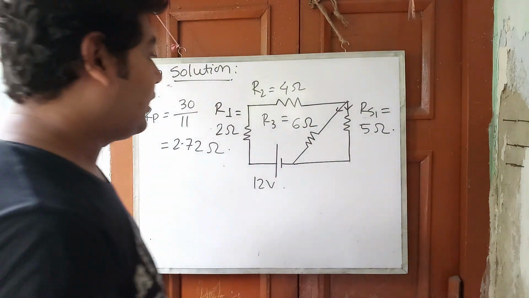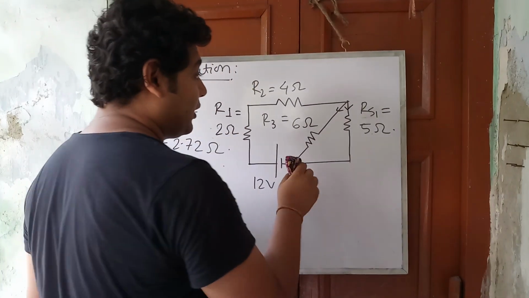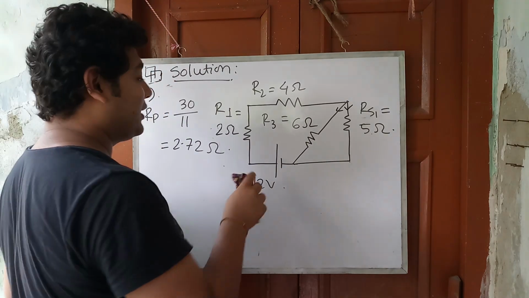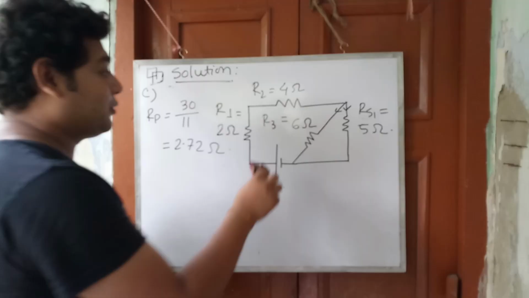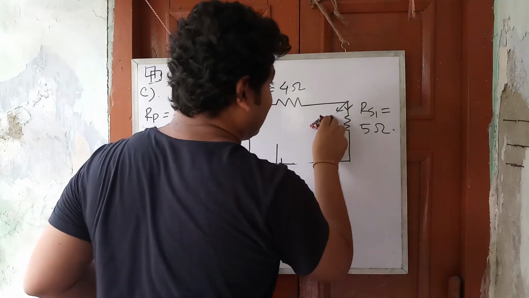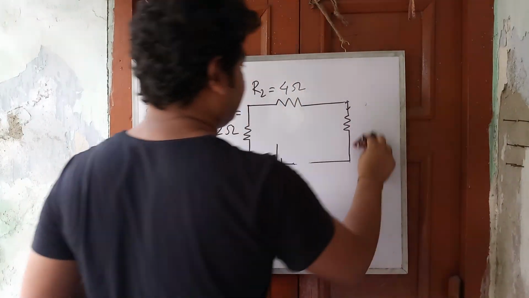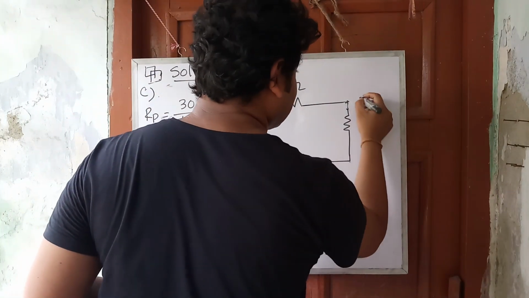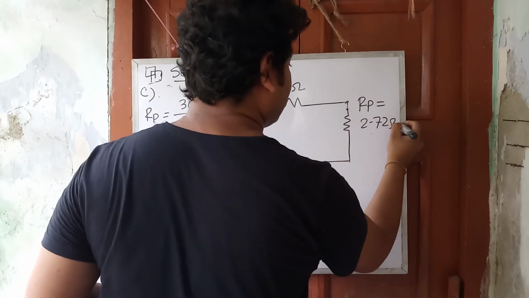Then we can modify this figure by that. With these two resistances we get another equivalent resistance, and that is Rp. So we can write this as Rp equal to 2.72 ohm.